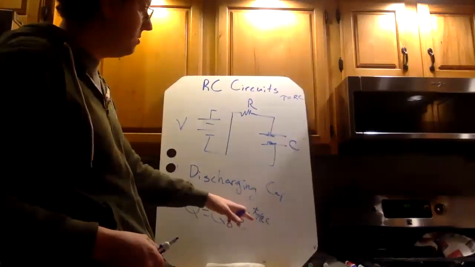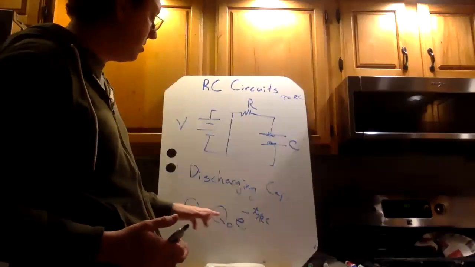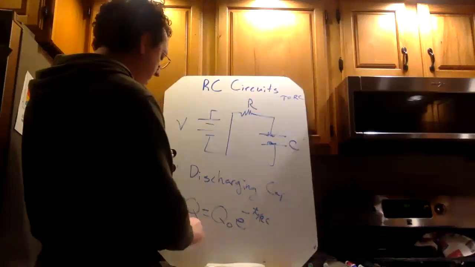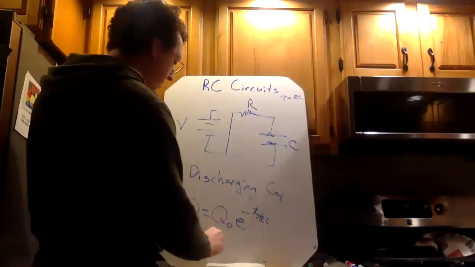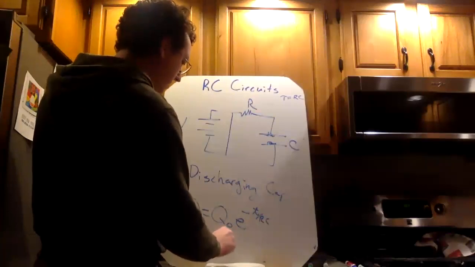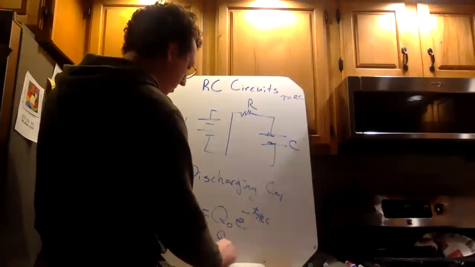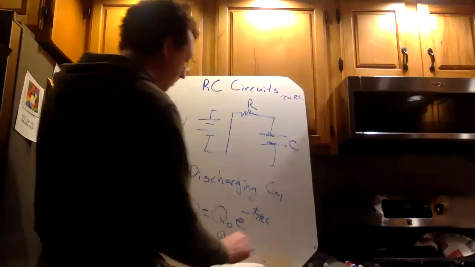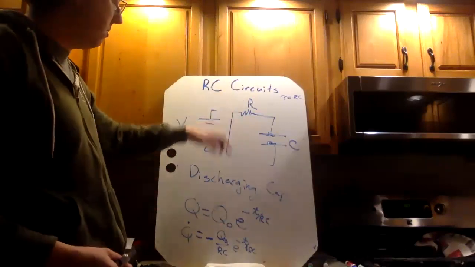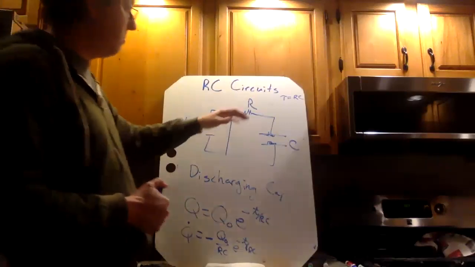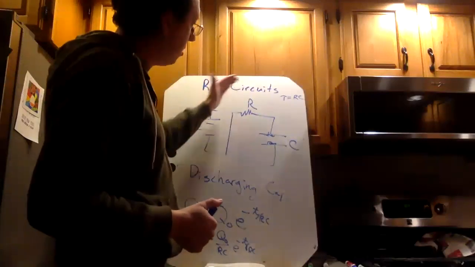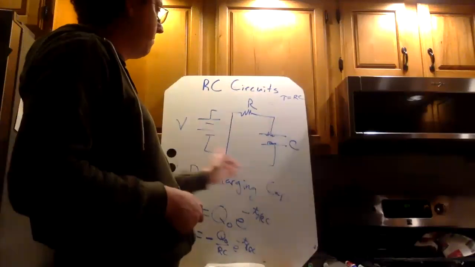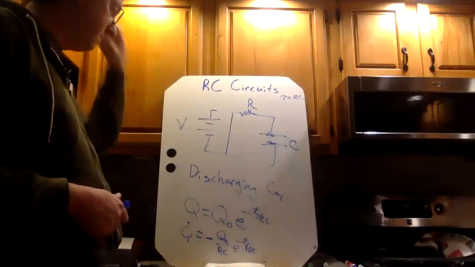Again, RC gives you the characteristic time scale of variation, and you get an exponential decay. Then the current flows backwards. If you work out Q dot to get the current, it comes out with a minus sign: Q initial over RC times e to the minus t over RC. Compared to before, you get a relative minus sign on the current, because when you let it unwind, the flow goes in the opposite direction.